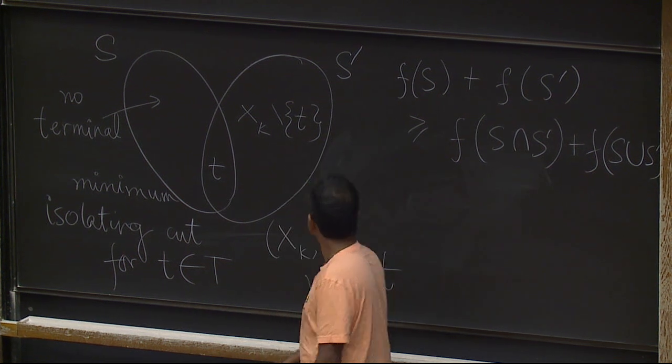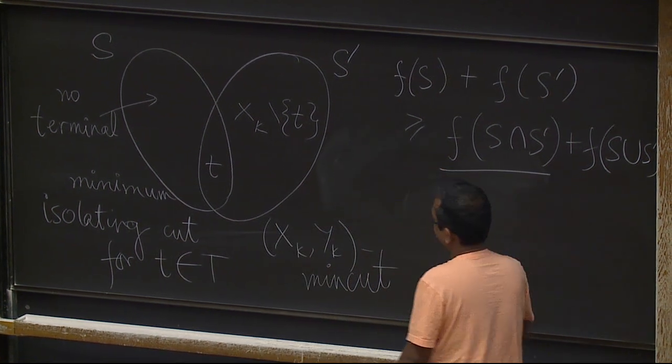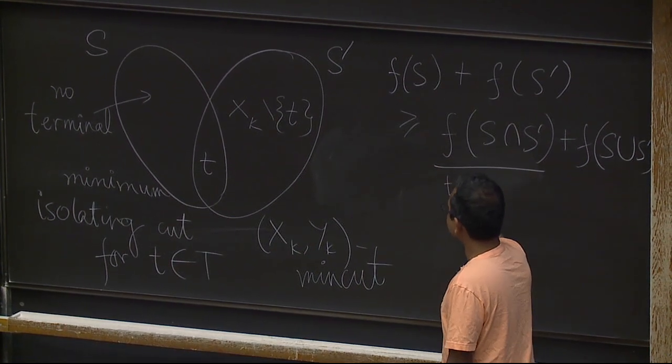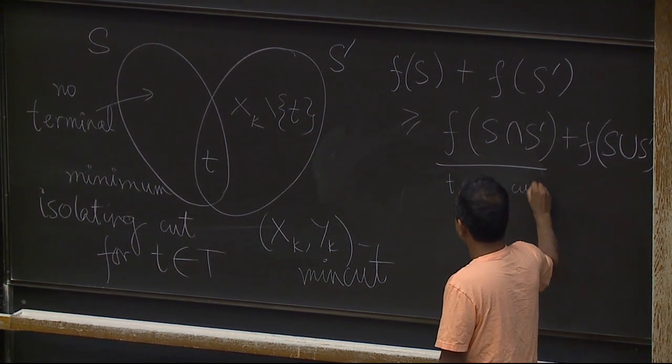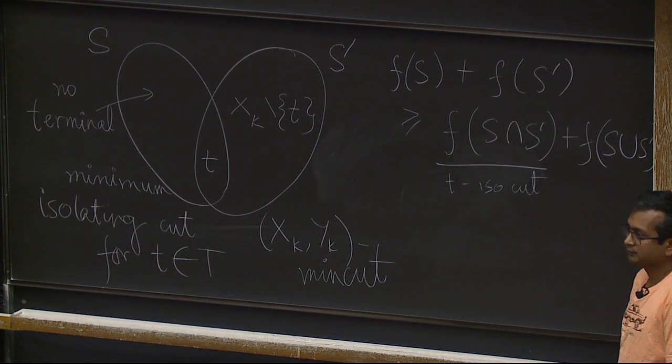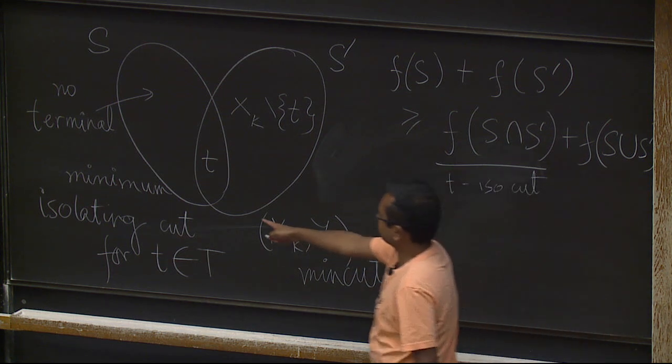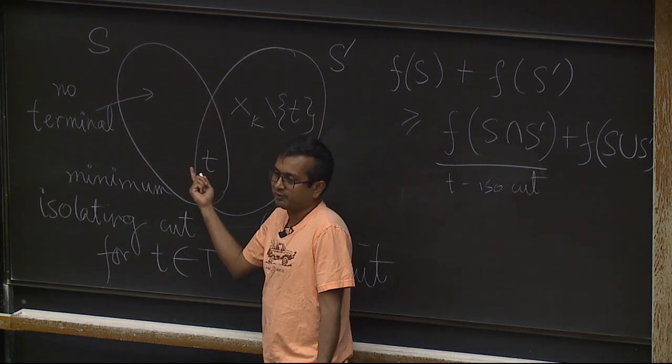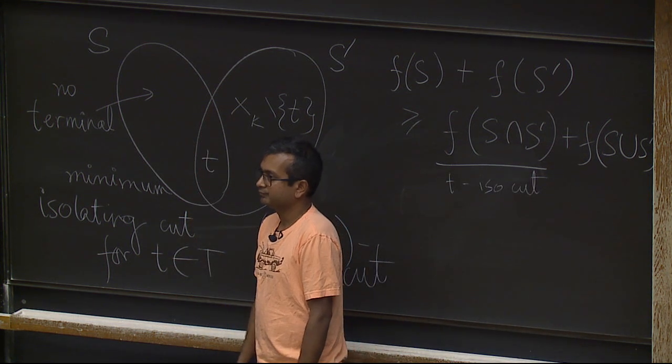So what is this intersection? This is also a T isolating cut. So this intersection also defines an isolating cut for T.